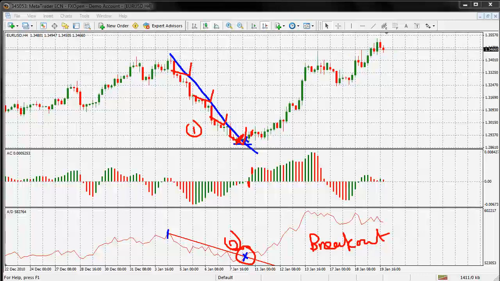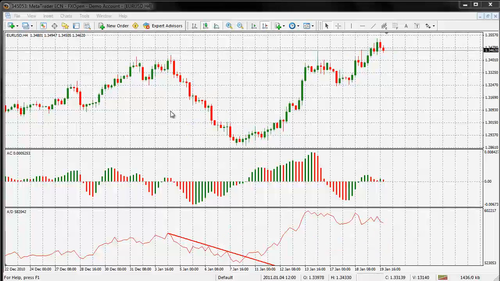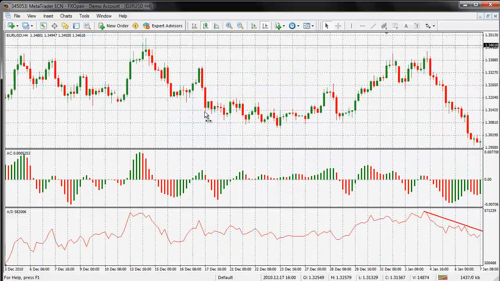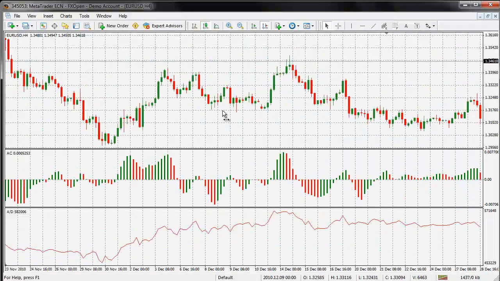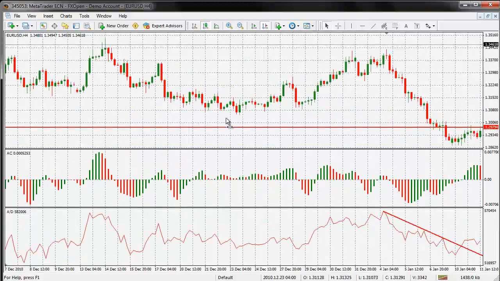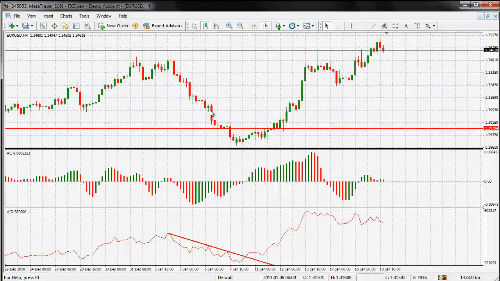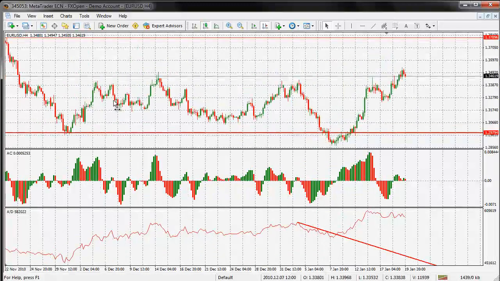Let me clear some of that off the chart and scroll back a little bit. Here is the first bottom that we had. Coming back over the bottom, this one did penetrate the bottom a little bit, so let's zoom out a little more so we can see more information.